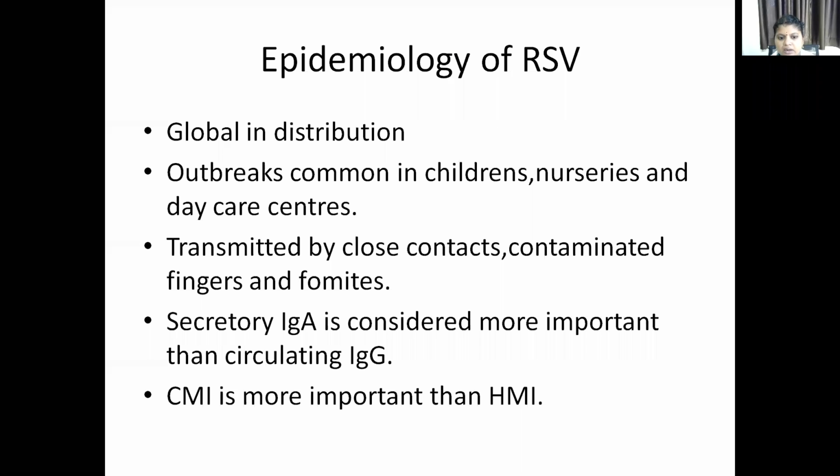And here the secretory IgA is protective when compared to the circulating IgG, because IgG is usually seen in the blood, whereas secretory IgA is seen in the respiratory tract epithelial cells, and also in the intestinal lumen. But here in this case, it usually involves the lower respiratory tract.